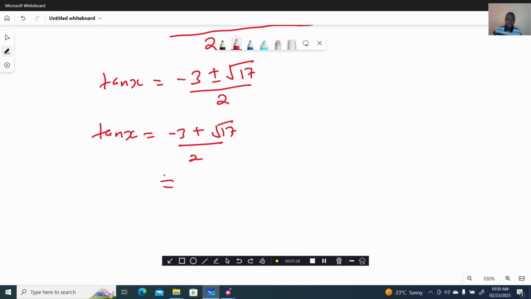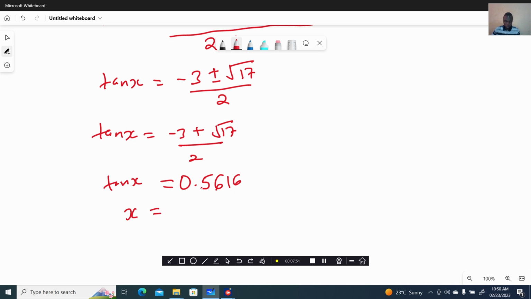So we are getting the value of tan x to be, to four decimal places, 0.5616. So that is tan x. And then we can get the inverse tan of tan x, which is giving us x.